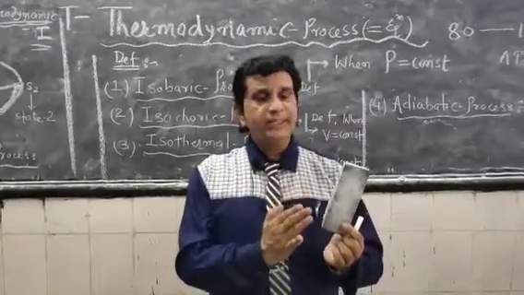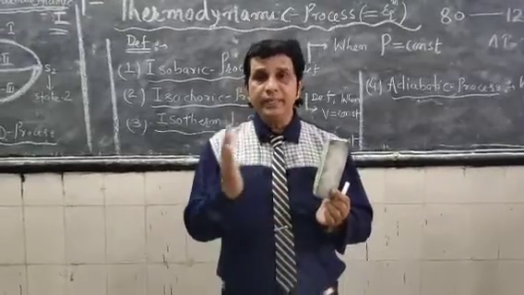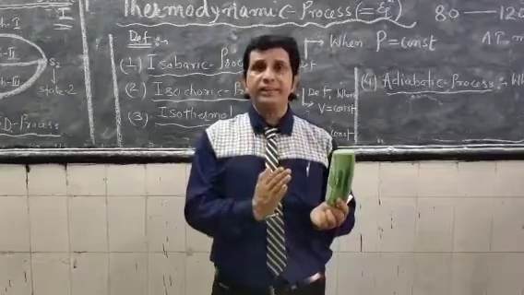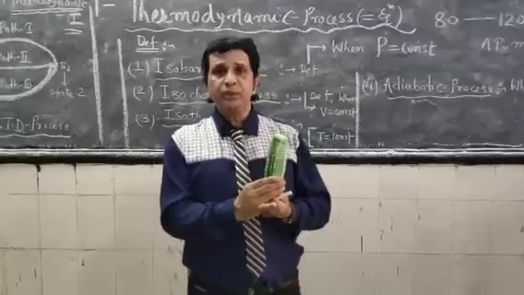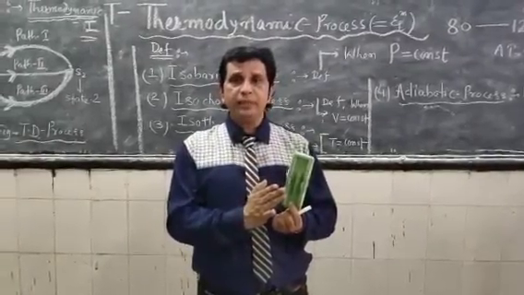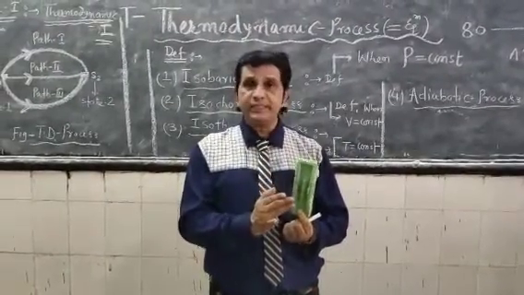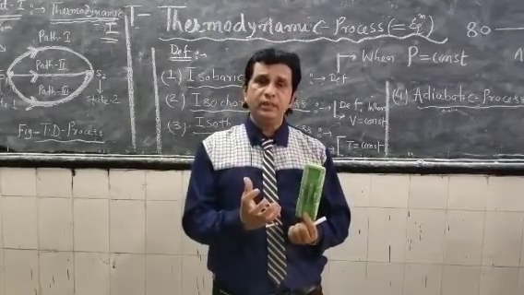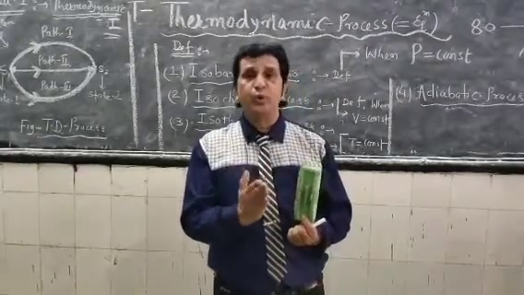System is the selected device, chosen in the universe for theoretical and practical consideration. We may assume this duster as a system here. Suppose we consider this duster as a system and we apply state variable conditions on it, such as pressure, temperature and volume.